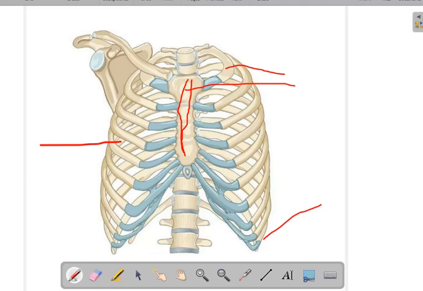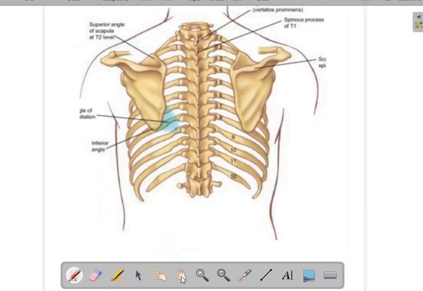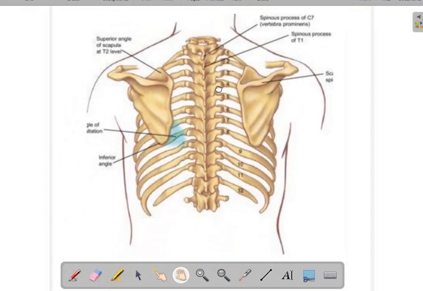If we look to the posterior view of the thoracic cage, we will find here the scapula lies on the back of the ribs. This is the scapula, which forms the posterior bone of the pectoral girdle, which ties the upper limb with the trunk.